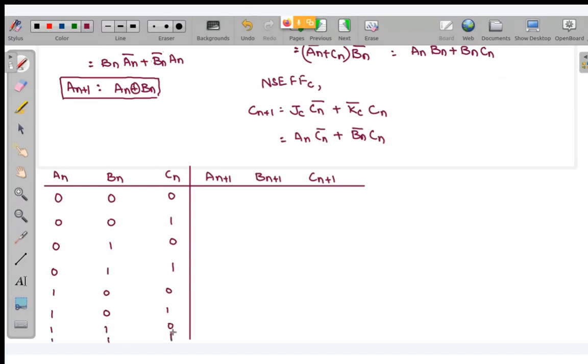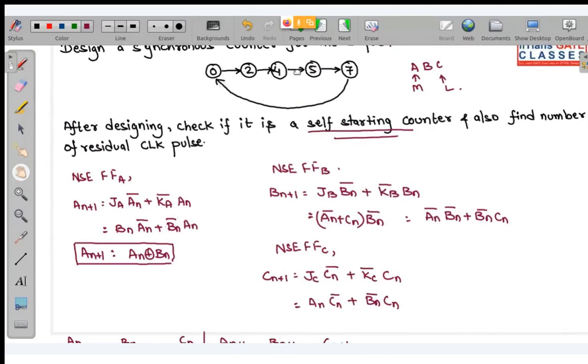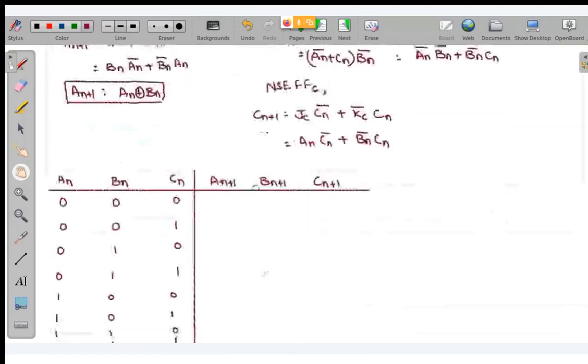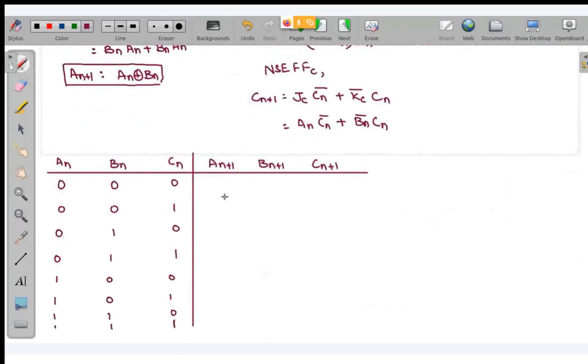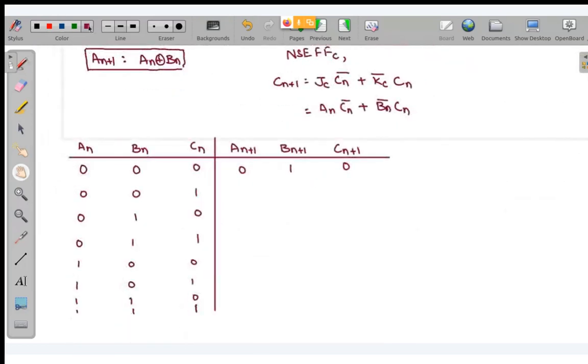So very quickly tell me what will be your next state over here. I know from 0 it will go to 2, because it has already been given in the question. From 0 to 2, 2 to 4, 4 to 5, 5 to 7. So all these states I know.